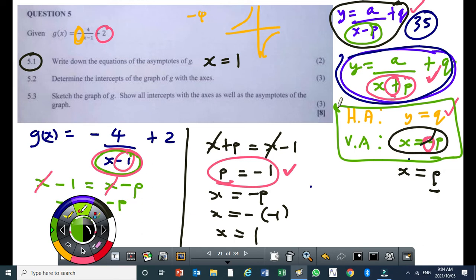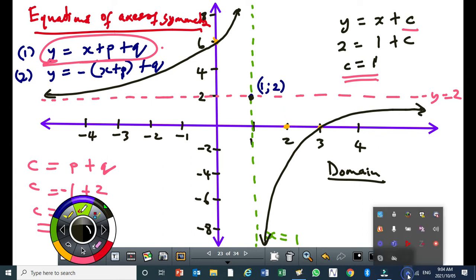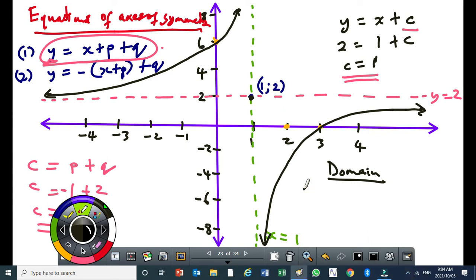Okay? Now let's talk about the domain and range. This is an extra question for this question. The domain for this question now. Because you may also get a question asking you to write down the domain of the function. Remember, your domain is a set of all the x values, right?